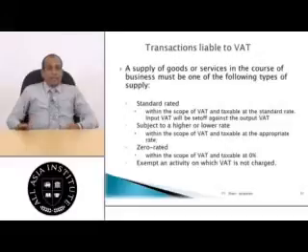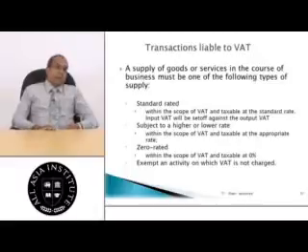So zero rated, what we sell is charged VAT at 0%, and any input VAT we get a refund. If it is exempt, there's no VAT on what we sell. If we have paid VAT on what we buy, we will not get a refund.